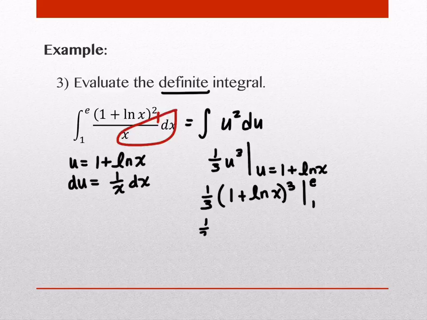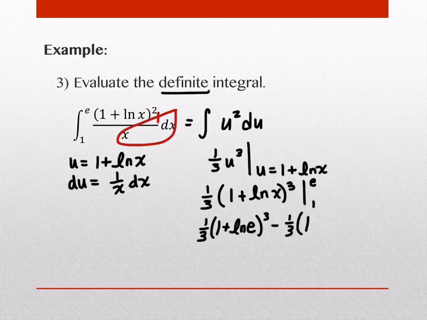Right. The fundamental theorem of calculus says we can plug in the top value first, so 1/3 times 1 plus the natural log of e, quantity cubed, minus 1/3 times 1 plus the natural log of 1, quantity cubed. What is the natural log of e? It's 1. So inside the first set of parentheses, we have 1 plus 1, which is 2.